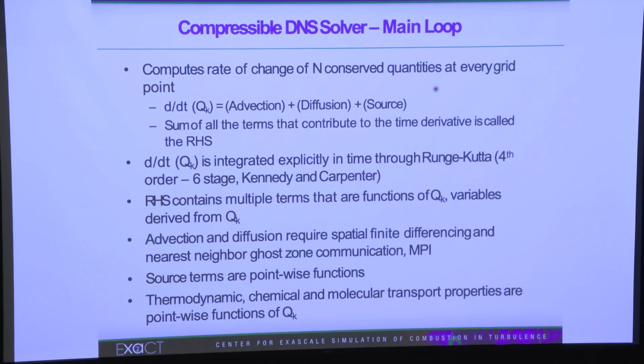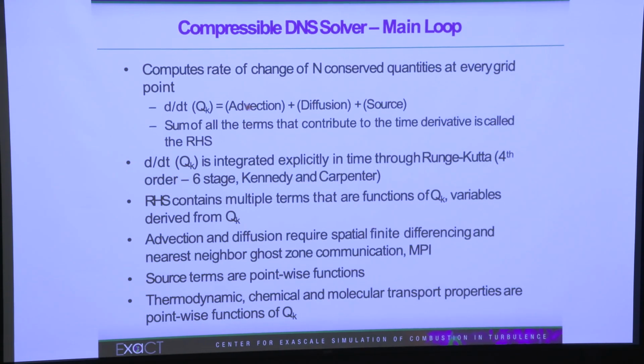This is just a description of the main loop of the DNS solver for an explicit reacting flow solver. We compute rates of change of the N conserved quantities, which are the five dependent variables plus the species, NS species minus 1, at every single grid point. It's very simple. We advance in time, d by dt, the dependent vector of the N conserved quantities, equals the right-hand side.